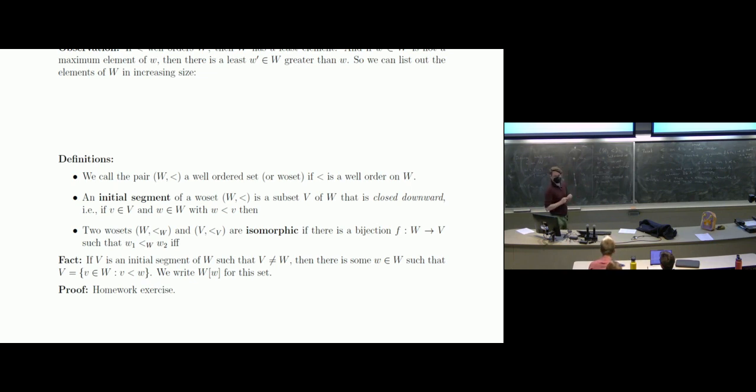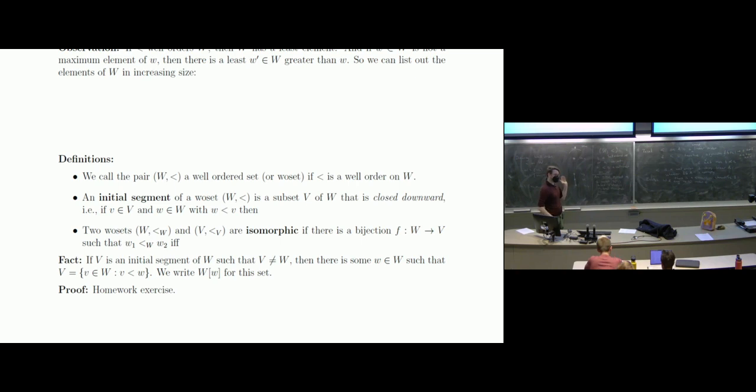So an initial segment of a woe set W is a set V which is closed downwards. Now I've definitely mentioned closed downwards before. Closed downwards being, if you are in this subset and there's something less than you, then that's in the set too. So it has no holes downwards, right?